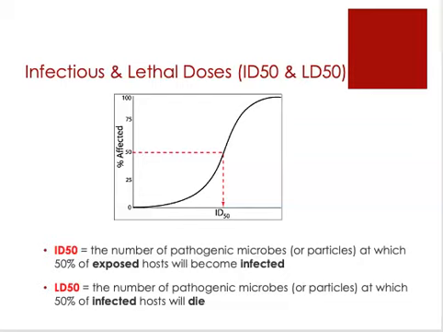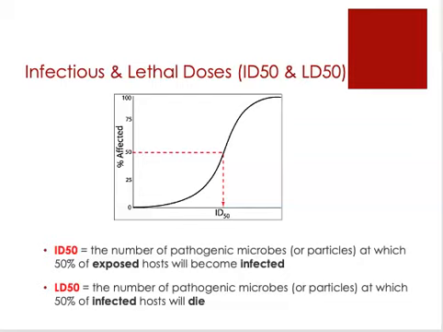Now, Mycobacterium tuberculosis is considered a highly infectious, highly virulent organism, so it makes sense that a relatively contagious organism would have such a low ID50.